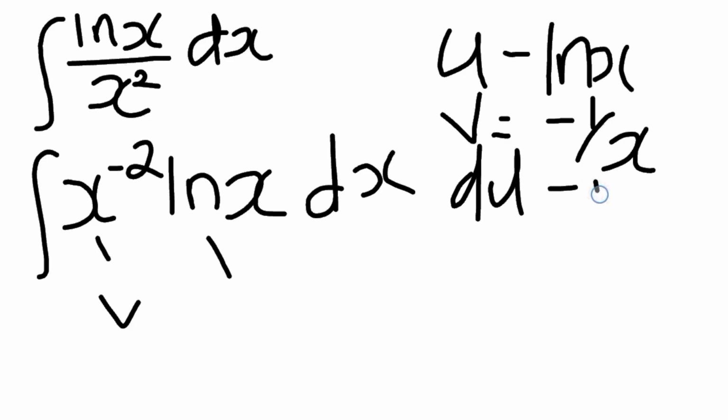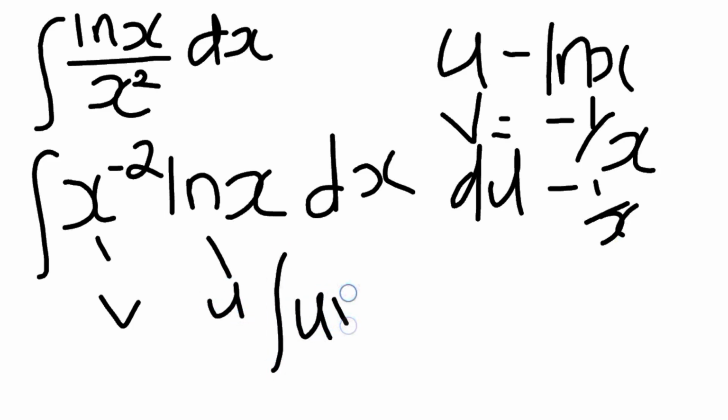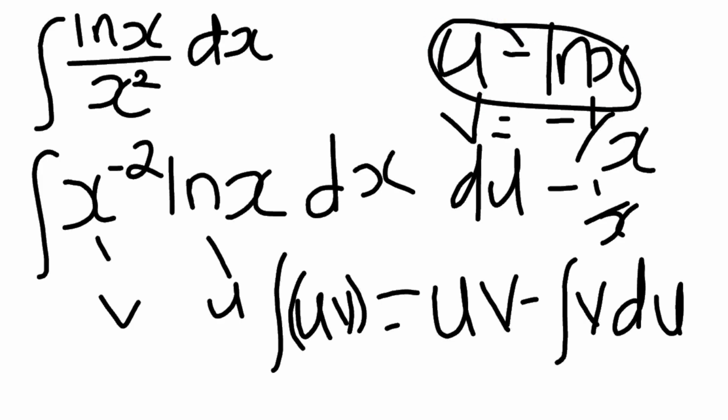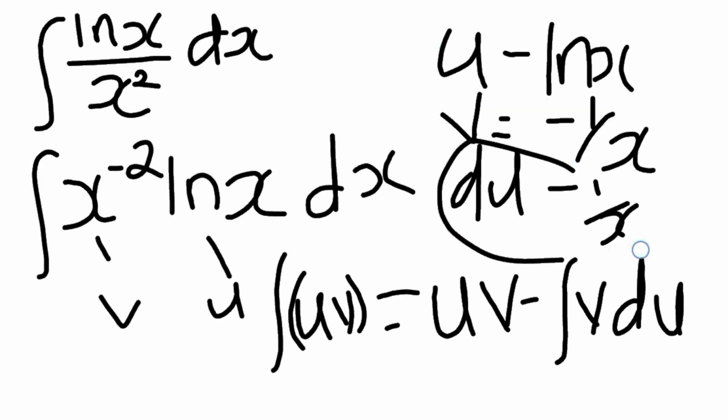Now, we know that the formula for integration by parts, let's say for a function, integral of u dv is equal to uv minus the integral of v du, where u is equal to ln x, du is equal to 1 over x, and v is equal to minus 1 over x. So let's substitute this.